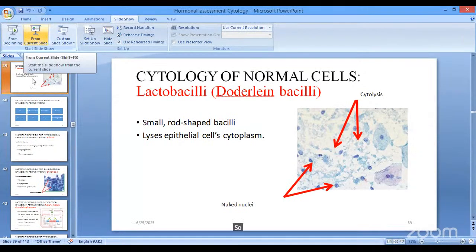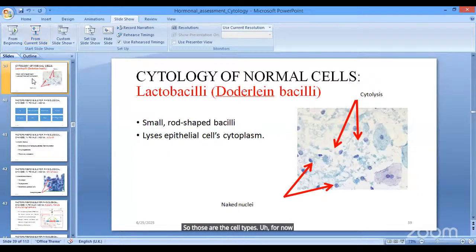So those are the cell types for now, basic cells you should know that are seen, and they are normal. They are seen in normal conditions.